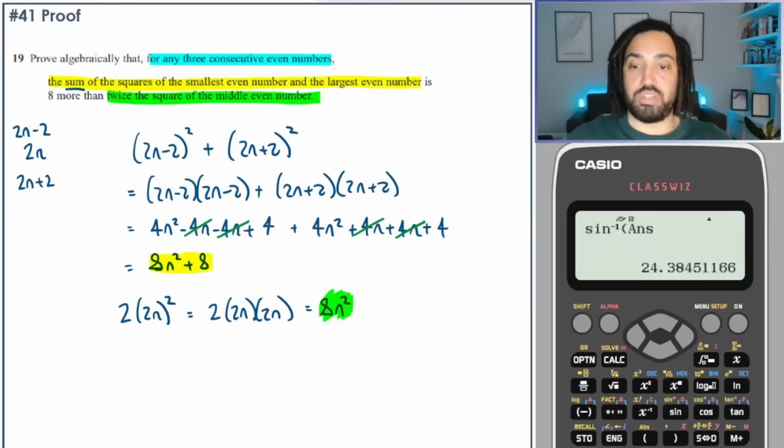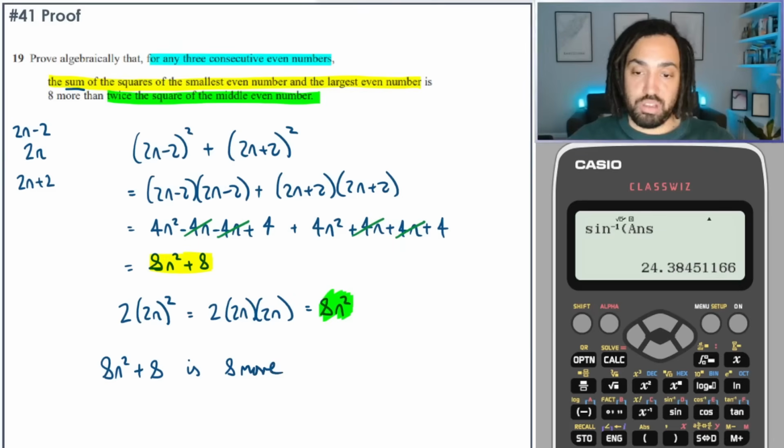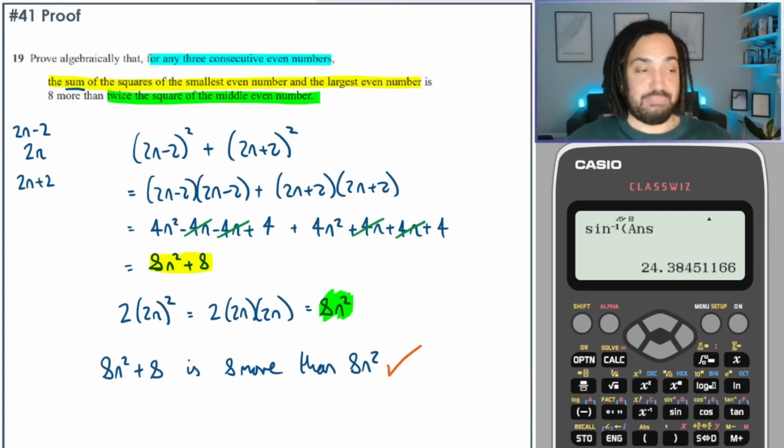So that's the green one there. And it says is 8 more. Okay, well, looks to me like we have proved it. So we have 8n squared plus 8 is 8 more than 8n squared. And we're done.